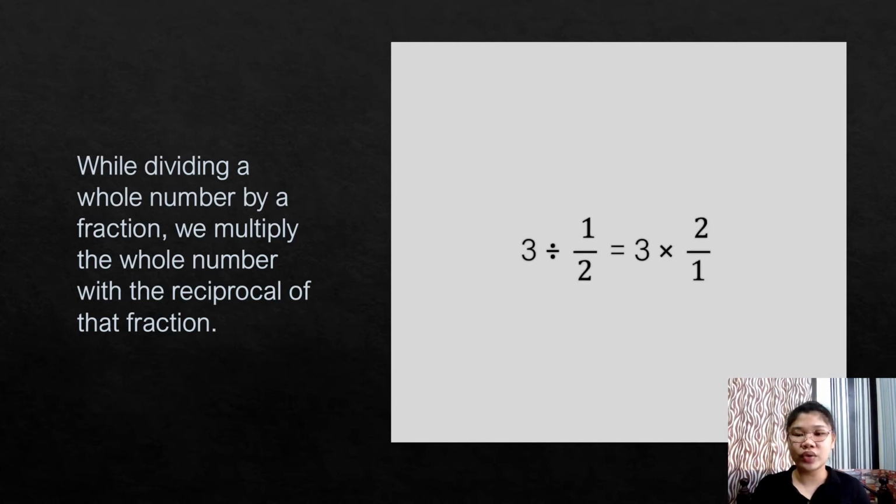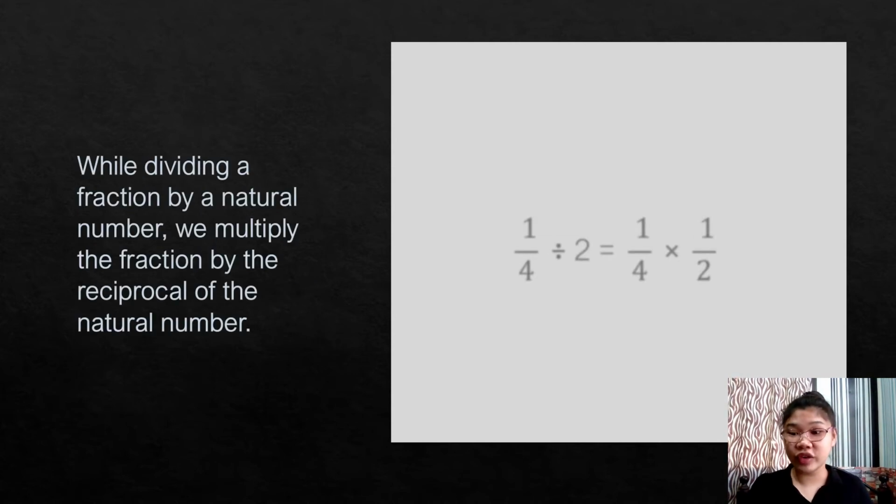As an example, we have 3 divided by 1/2. We first get the reciprocal of 1/2, that is 2 over 1 or simply 2, and then multiply it to 3. So 3 times 2 over 1, or 3 times 2, is equal to 6.